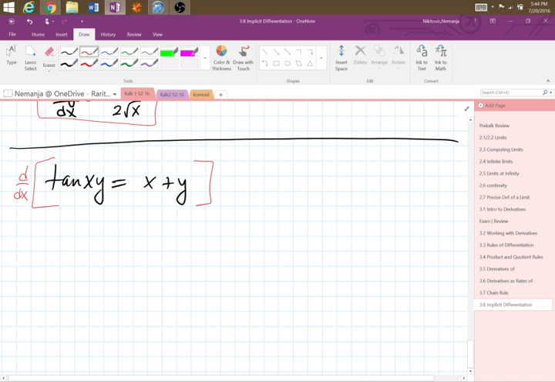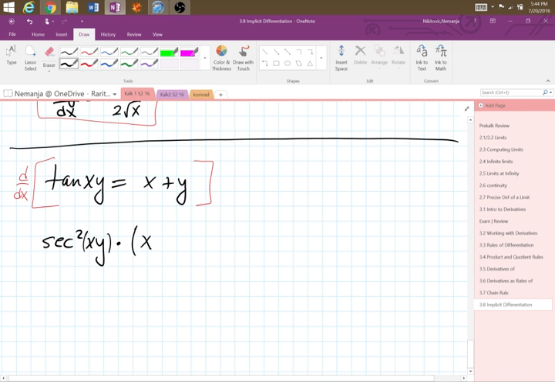Find the derivative of this expression. So now tangent is the outer function. What is the derivative of tangent? Secant squared. So we start with the secant squared xy times the derivative of the inside. Now what's the derivative of x times y? It's a product rule, right? It's a function x times function y, so now we have to do the product rule.